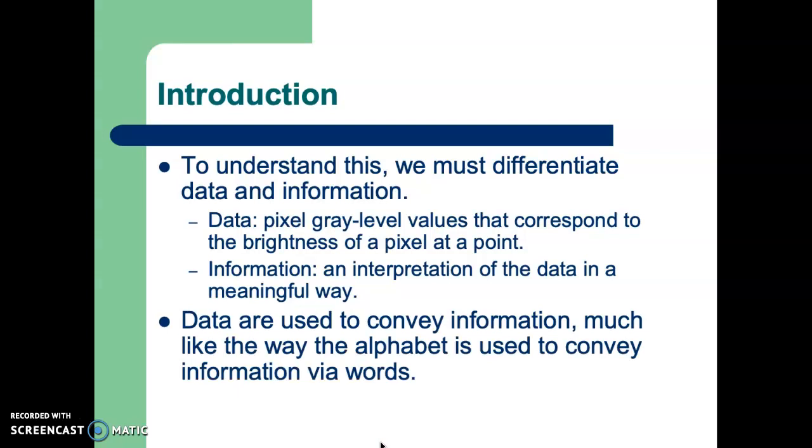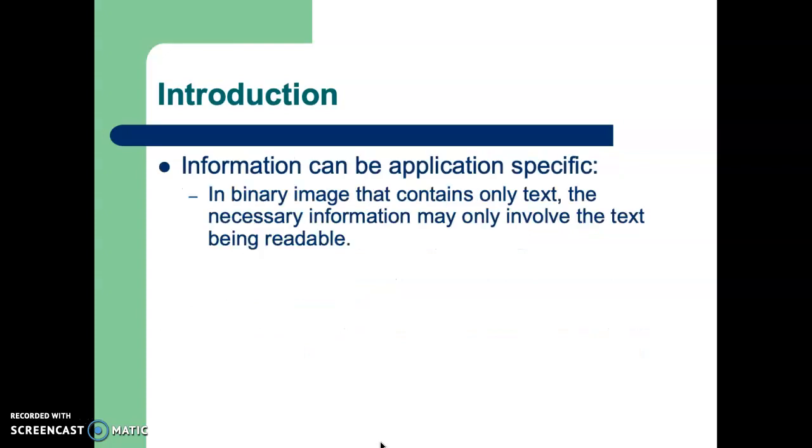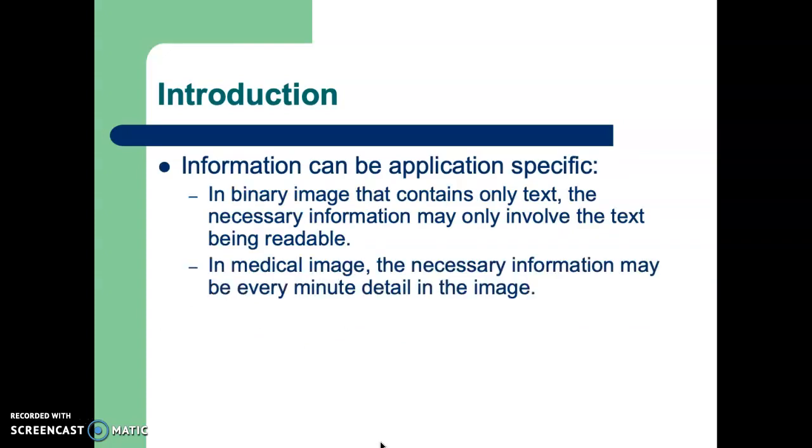So data are used to convey information, much like the way the alphabet is used to convey information via words. Information can be application specific, so it depends on the application that you want to solve. For example, face recognition: your face will be the information where you want to recognize the faces.